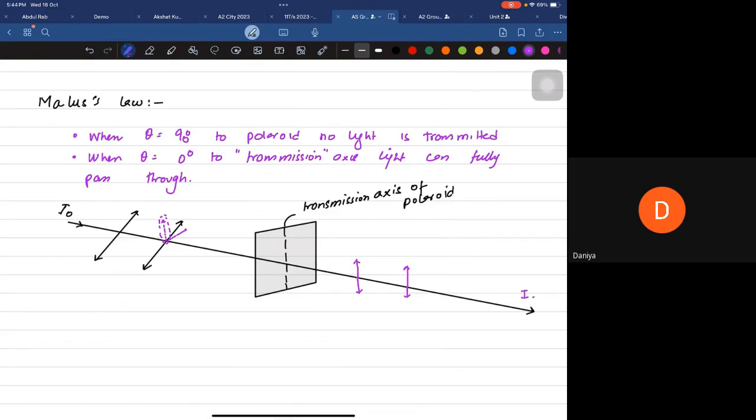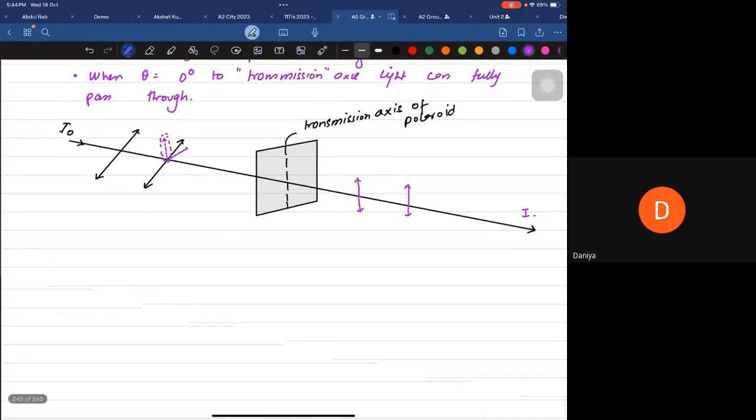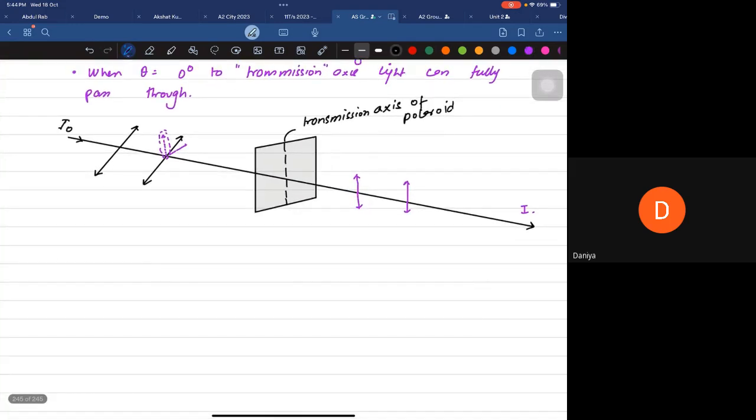Now, if I draw a vector diagram, this is the transmission axis. When the wave entered through it, it was at a certain angle like this. We can take this angle theta right here. Both sides will have the same effect, but we look at one side right now.